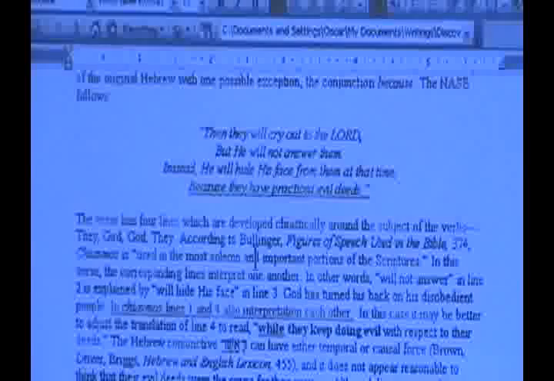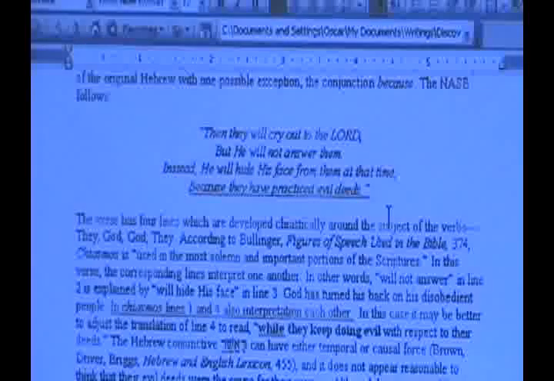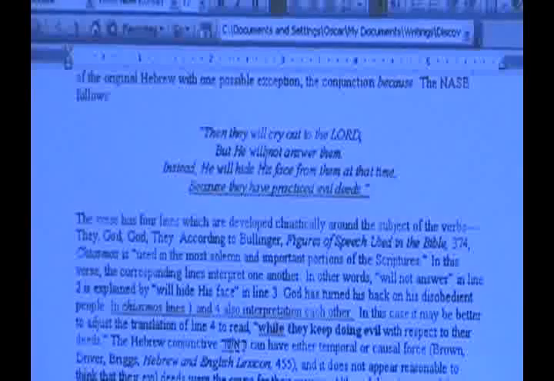In other words, take it chiastically, right? They will cry out to the Lord because they have practiced evil deeds. Well, you'd say, well, yeah, and they repented. That makes sense. I did evil, I really feel bad, I cry out to the Lord, but it doesn't compute in the middle, when God says, no forgiveness, no listening, you're doomed. That doesn't seem to work.